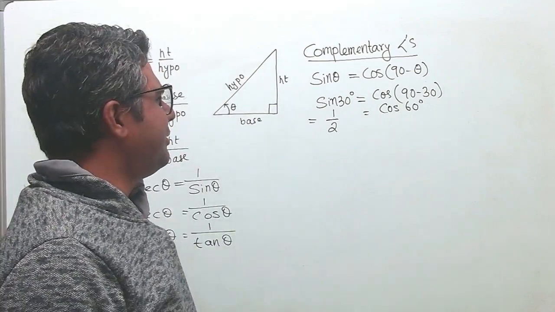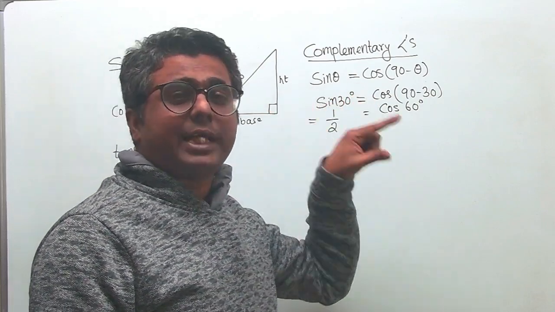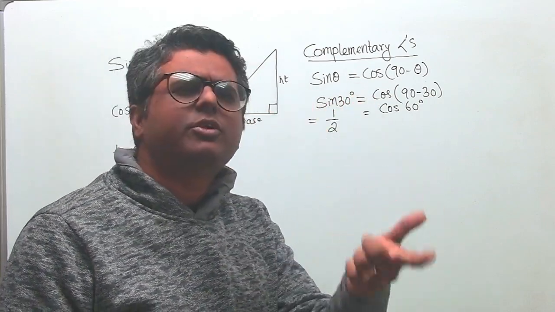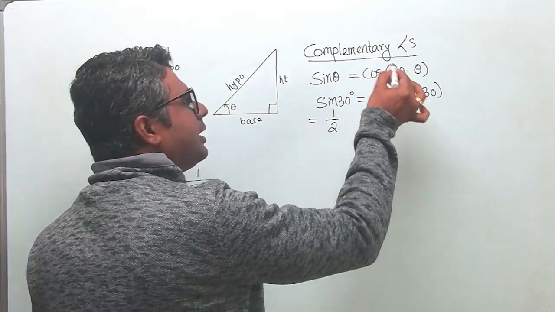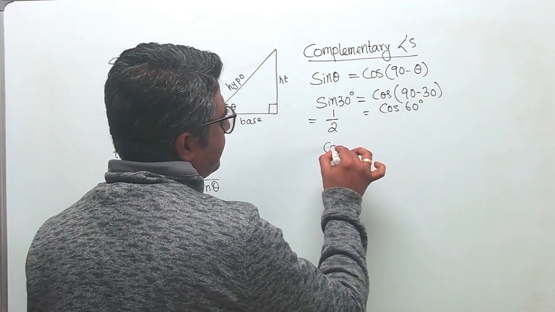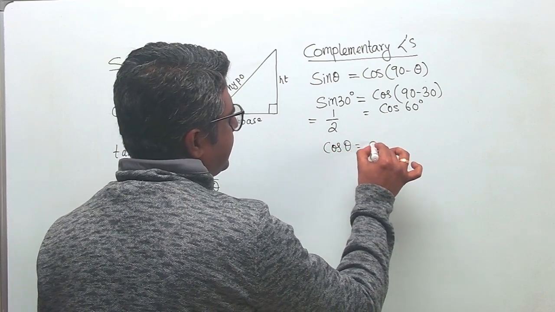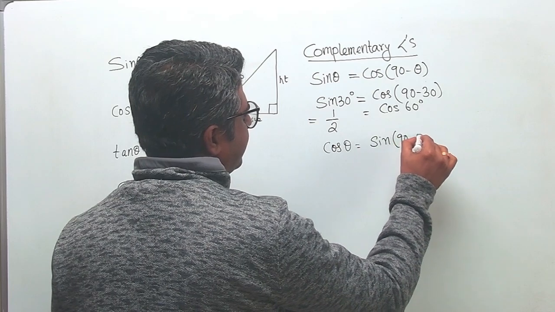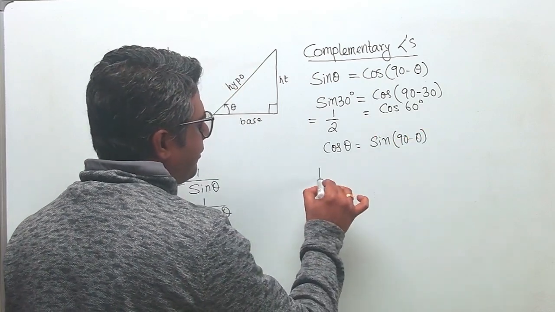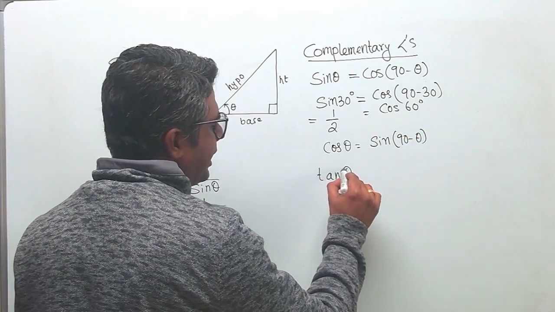So what did you learn? Complementary of sin theta is cos theta, simple. And the reverse is also true, that is cos theta is equal to sin of 90 minus theta. Then if I ask you what will be the complementary ratio of tan theta?